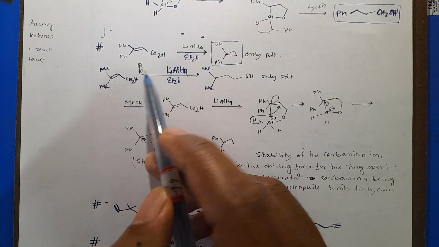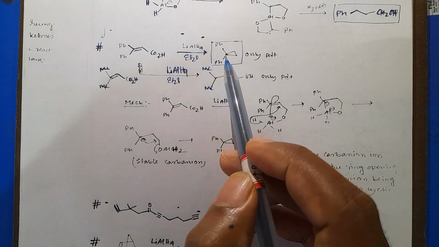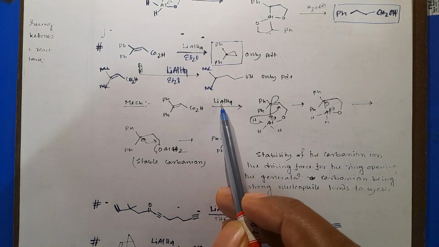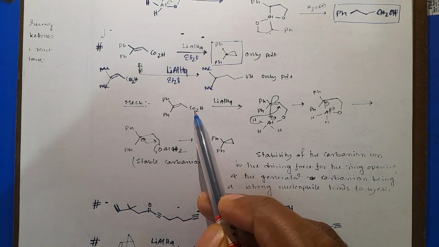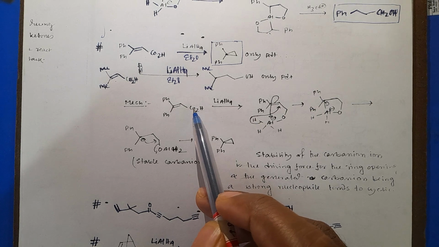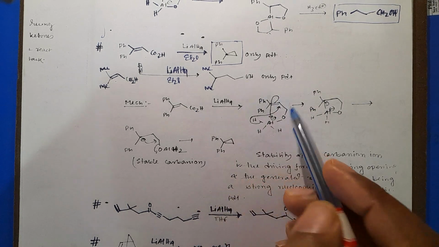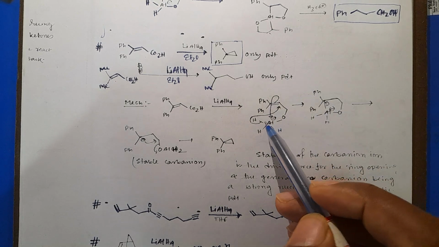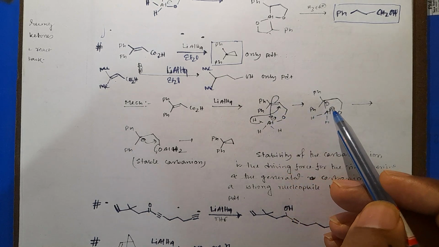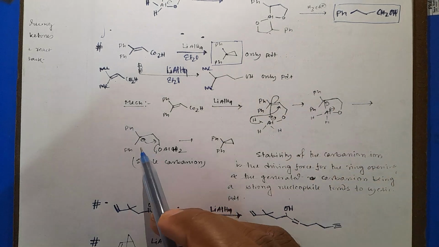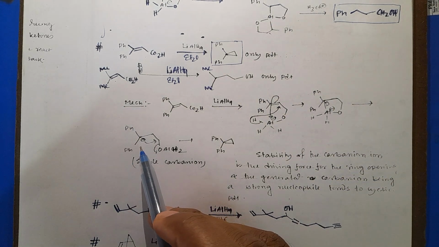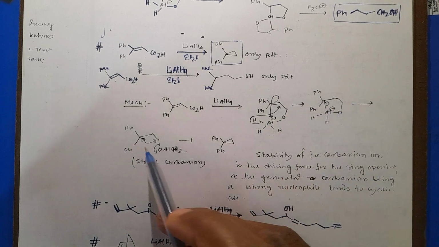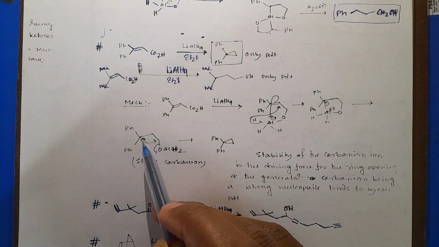Now what would be the mechanism of the first reaction? The mechanism suggests that lithium aluminum hydride will initially attack the acidic carbonyl group. Further, a cyclization takes place. After cyclization, there is a formation of a carbanion species.